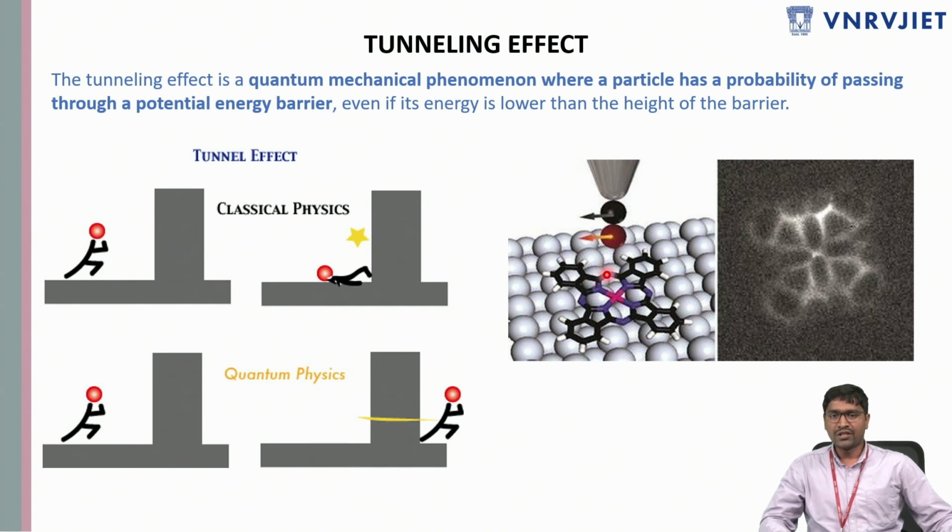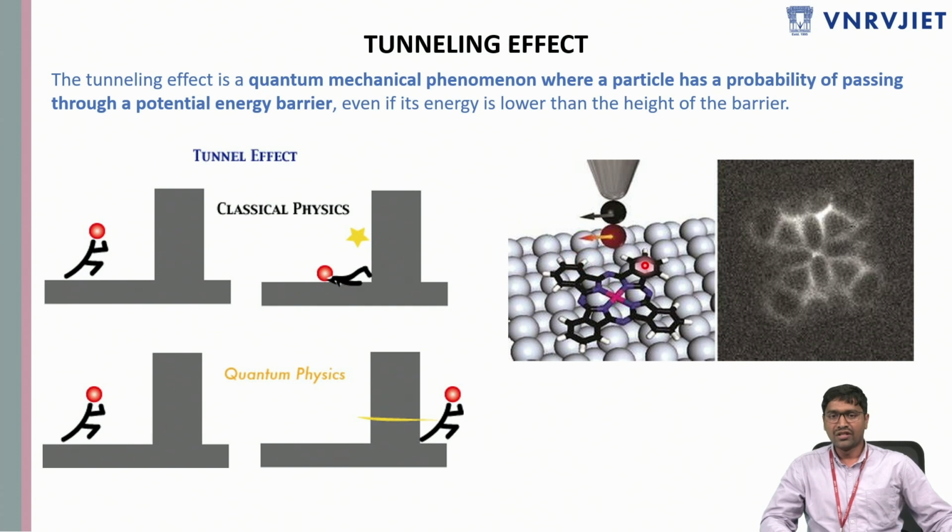The space between the sample and the tip is generally placed in the order of 0.3 nanometer to 0.6 nanometer, which is almost the distance of 3 atoms. So how do you explain the tunneling effect here?